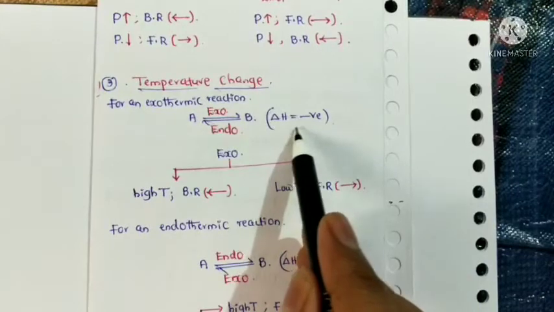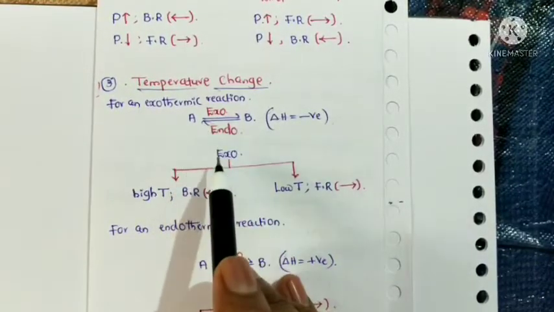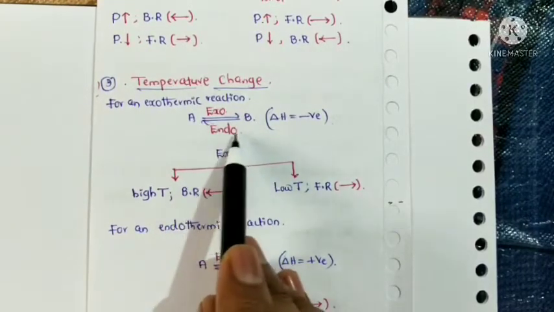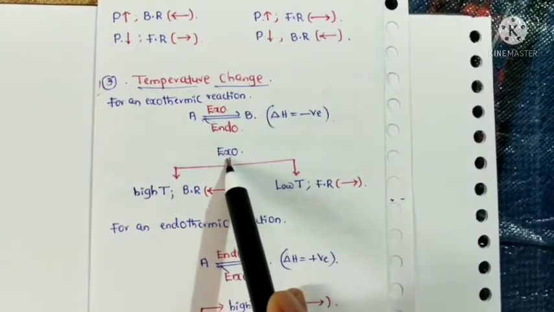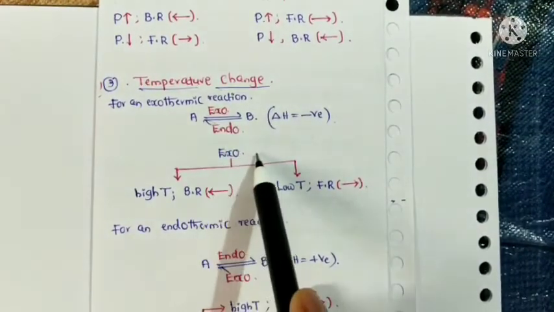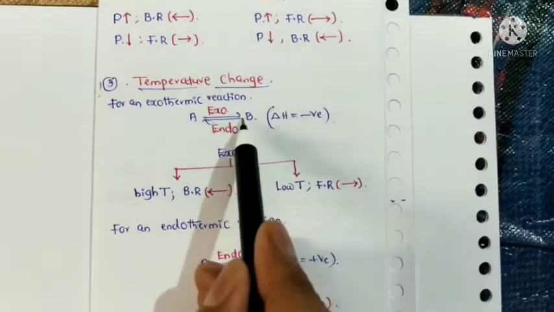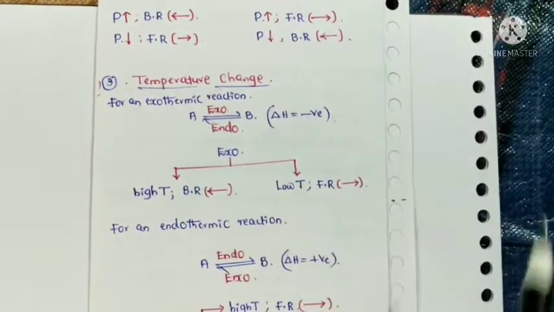Here the delta H value is negative, so this reversible reaction is exothermic. The forward process is exothermic and the backward process is endothermic. In exothermic reactions, high temperature is favored for the backward direction and low temperature is favored for the forward direction.